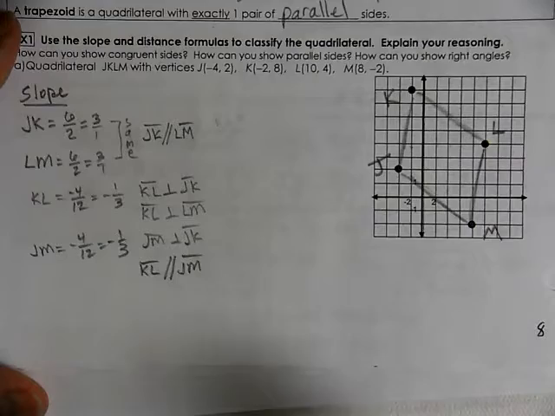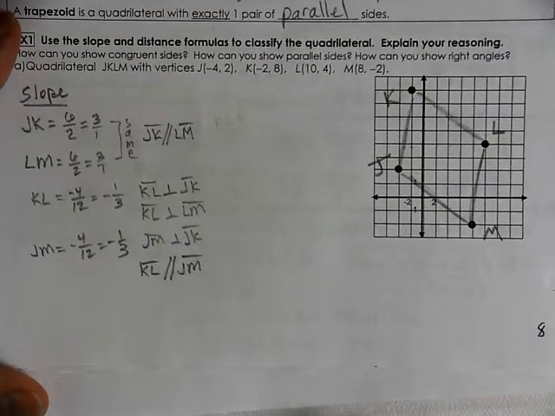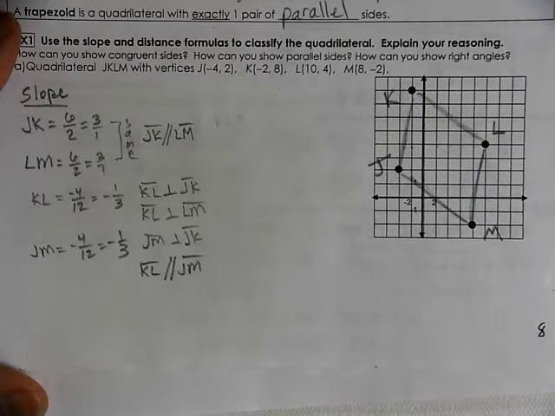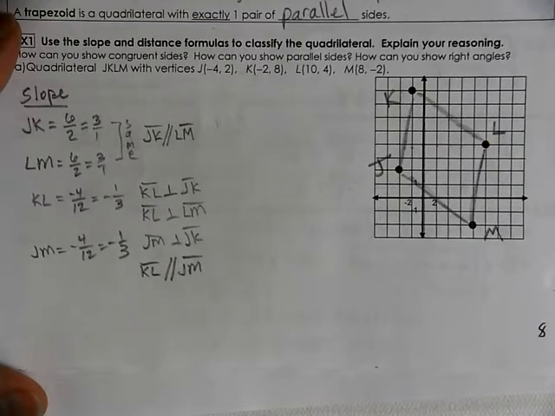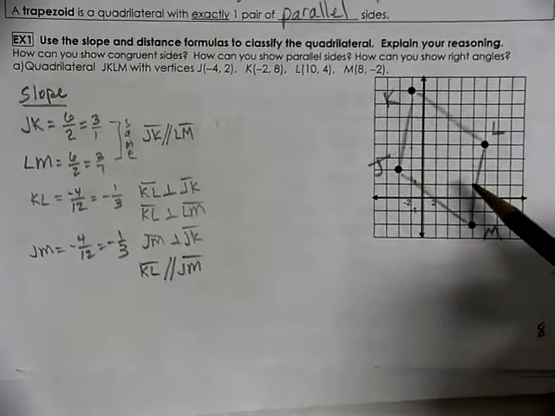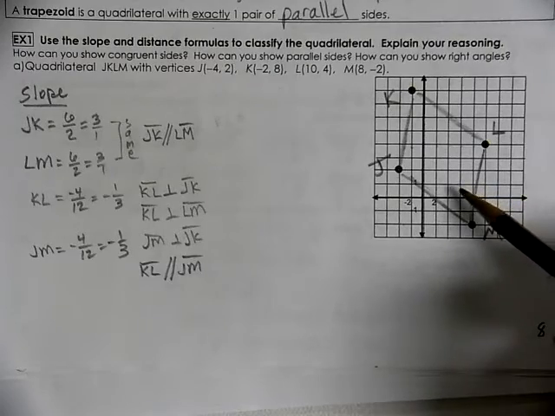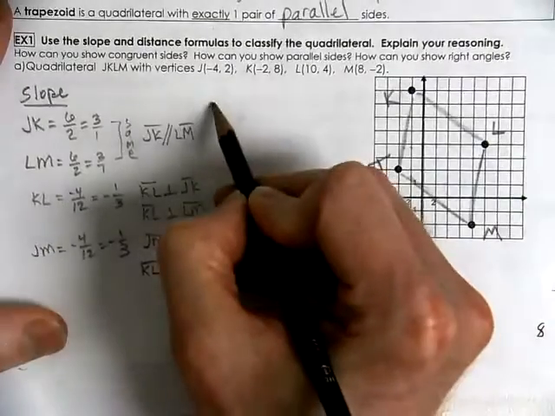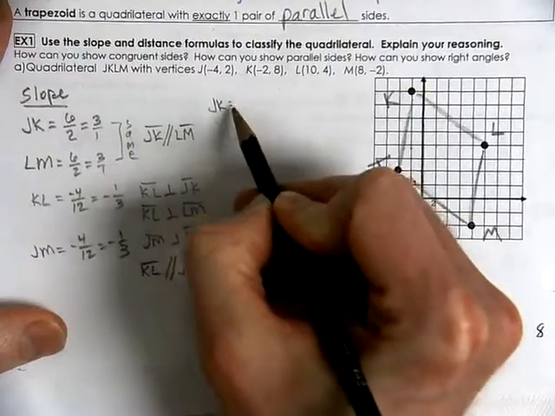So right now I know I have a parallelogram for sure, because I have two sets of parallel sides, and I have right angles. So I know I have a rectangle. What I don't know is about the side lengths. So I could look at my side length JK.